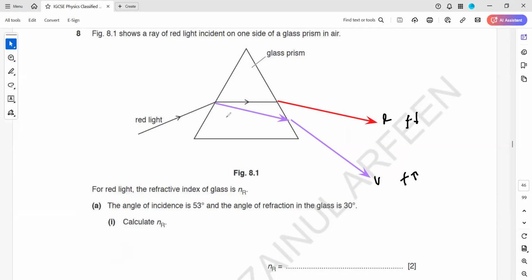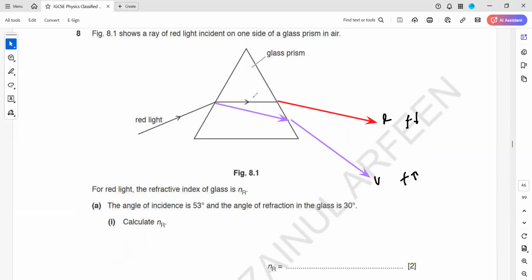So the higher the frequency, the greater the change in speed, because violet bends the most. There's a greater change in speed of violet as compared to red. That's why it bends more. So if the frequency increases, the speed is lower. The wave with a high frequency will have a slower speed in glass, and the wave with a lower frequency will have a higher speed.